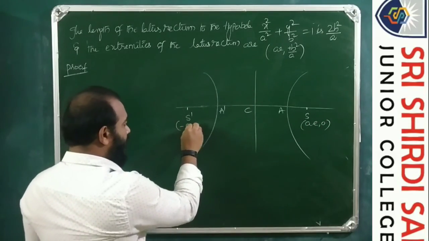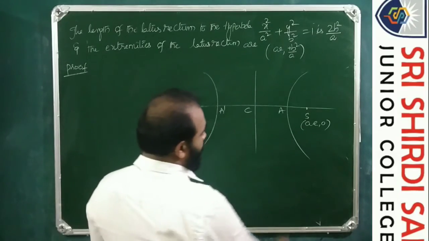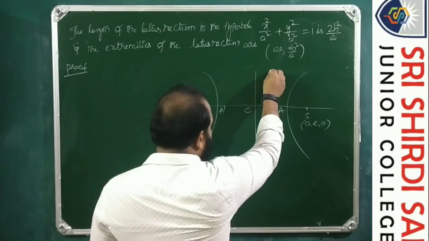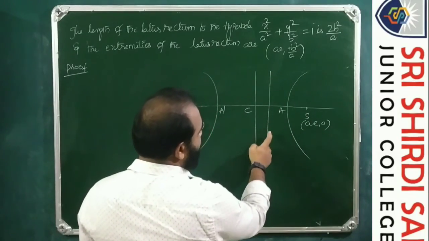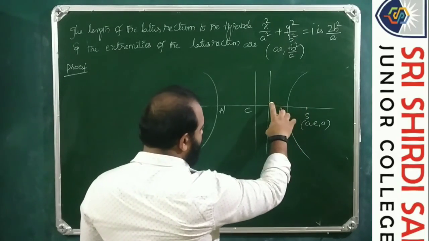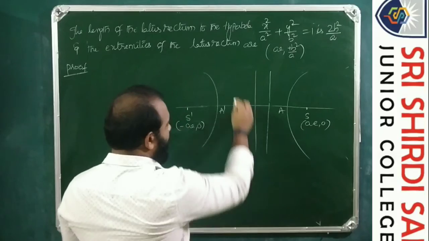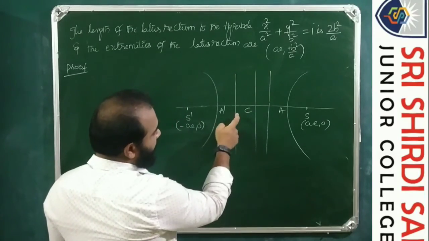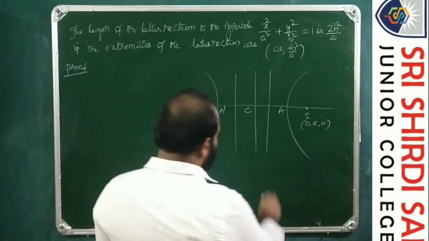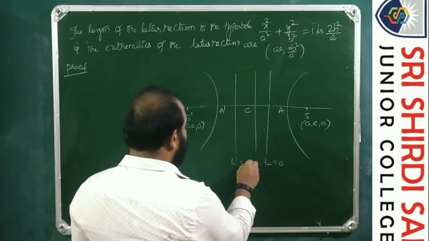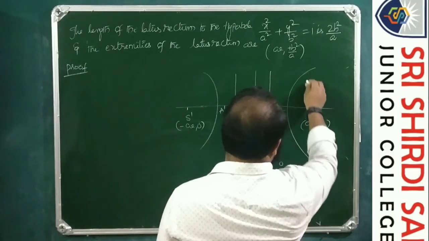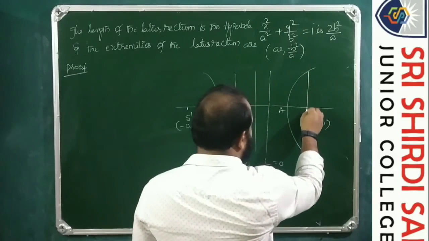This is minus ae comma 0. Corresponding to this fixed point focus, this is the fixed line called the directrix. This directrix is corresponding to this focus, and this directrix is corresponding to the other focus. So this is the latus rectum.